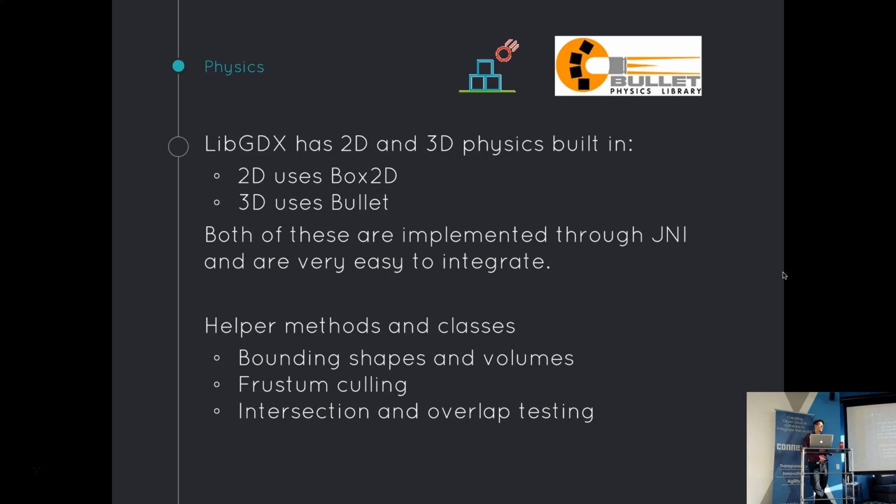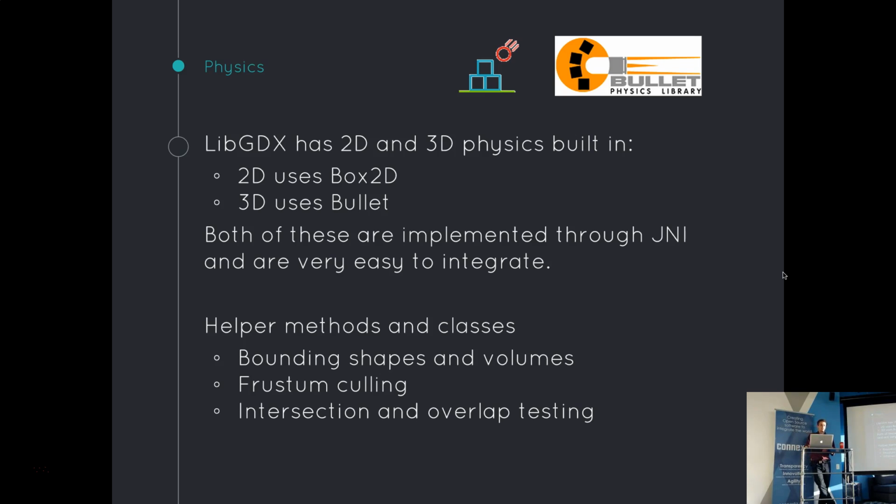NASA uses it for their rendering and for their Mars rover to do calculations. Both are implemented through the Java native interface, where they're done in C and C++, so they have the efficiency that they need for the physics calculations, but it can be accessed through all the Java library.